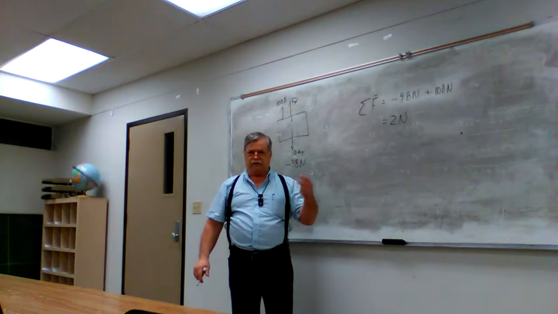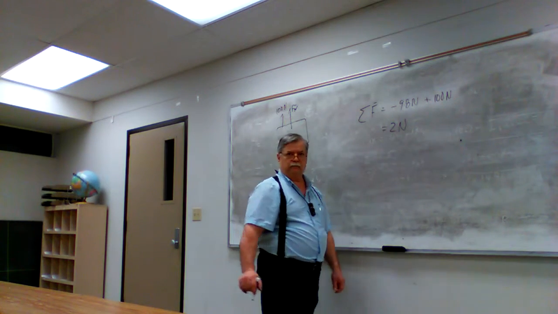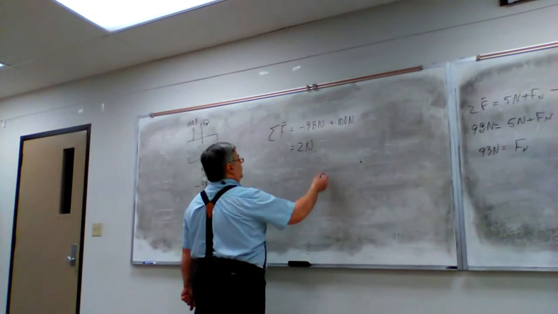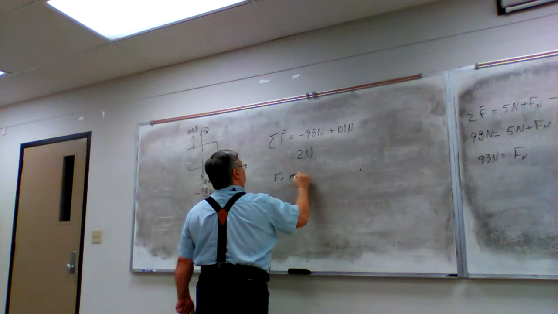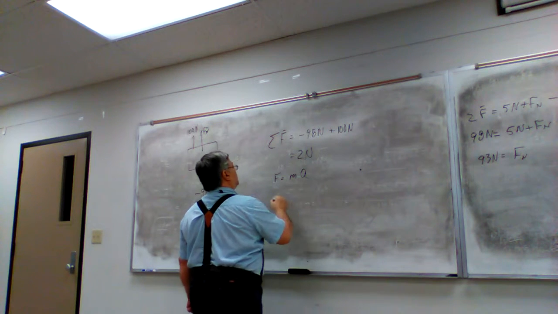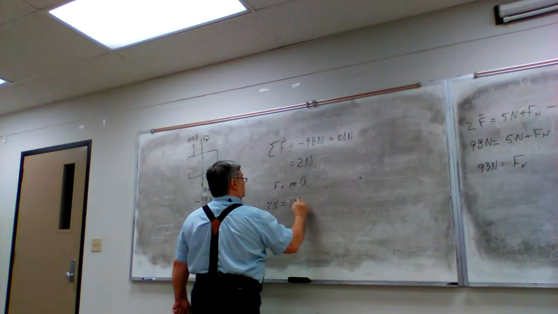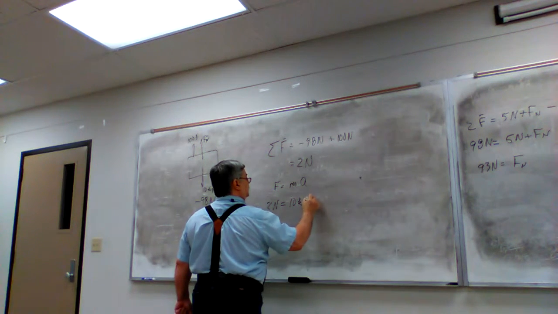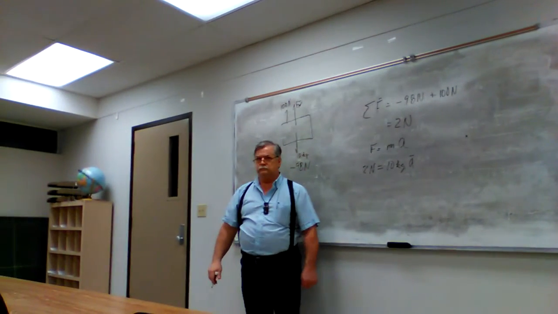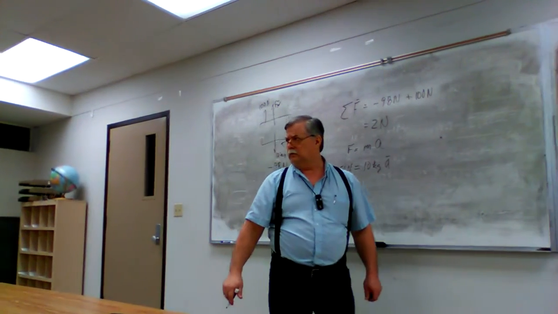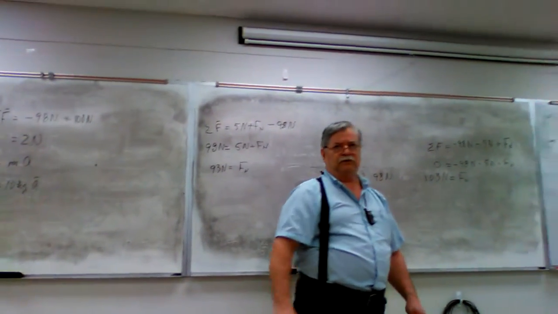How much acceleration does it experience when we lift it off the table? That's right. Force equals mass times acceleration. 2 newtons equals 10 kilograms times the acceleration. 2 divided by 10 is 0.2. 0.2 meters per second squared.